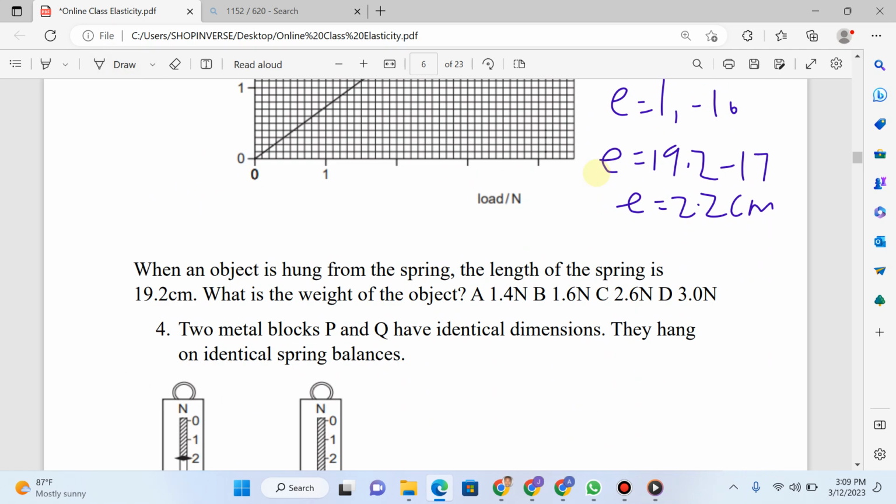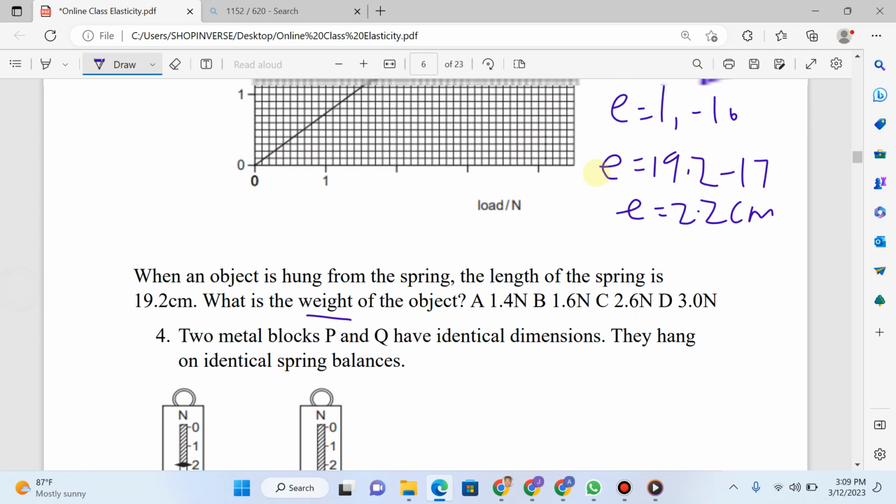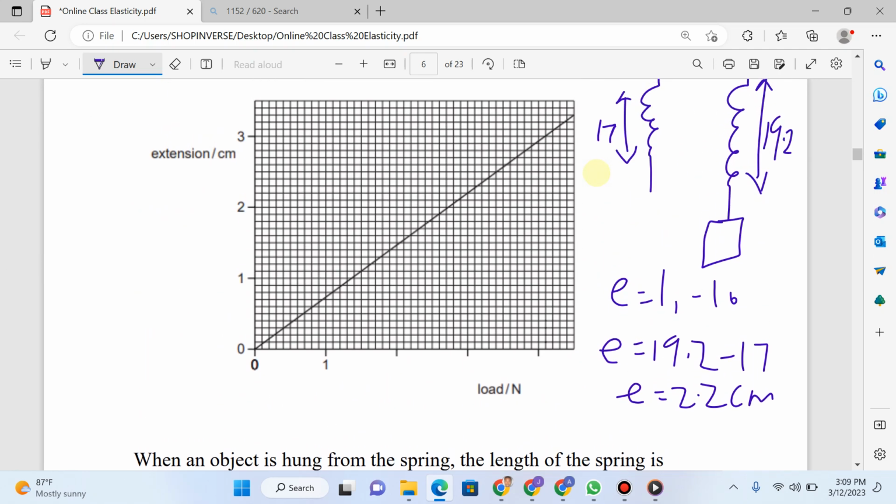Okay, so let's see what you can get from that. The question says, what is the weight of the object? How do you get the weight? You just look for where the extension is 2.2 centimeters and look for it on the load. Start from extension. Extension of 2.2 cm. So this is 1, this is 2, this is 2.2.